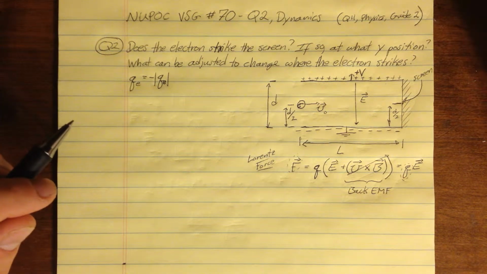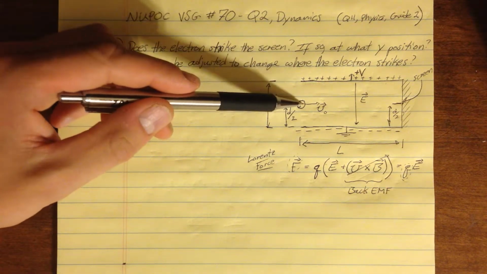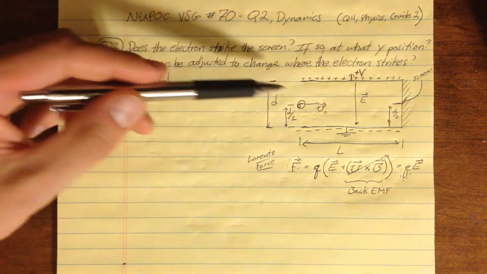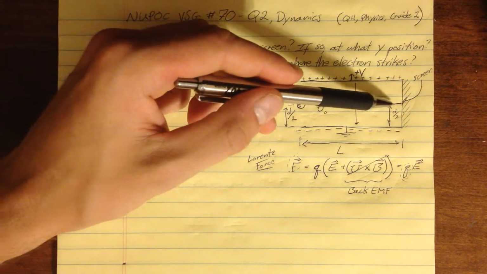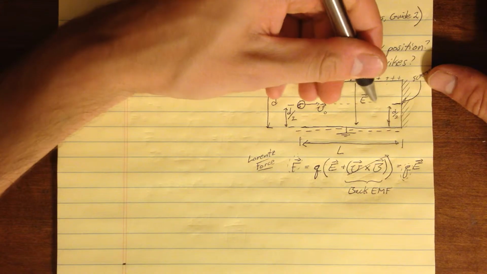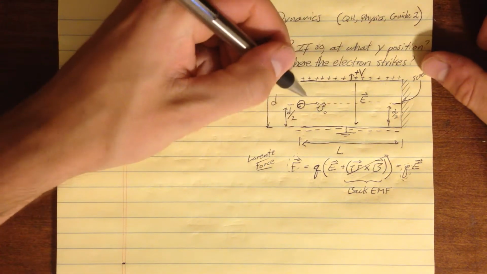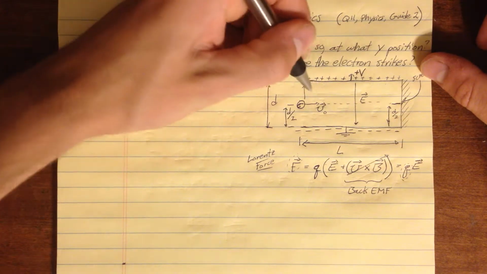So we want to know where this electron strikes this screen, so we want to know the path of the electron. If there was no electric field, it would just go straight. But now we have a force and it acts in the opposite direction of the electric field, so it acts in this direction.